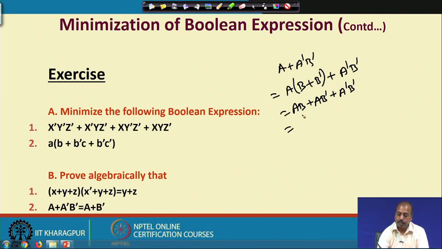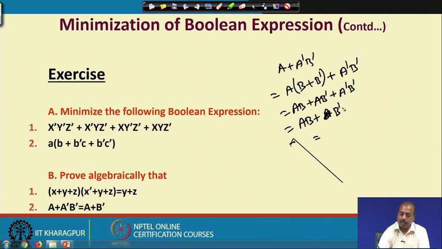So, you get like, so this is a b plus a b plus b bar. So, then from there you can reach this a plus b bar.